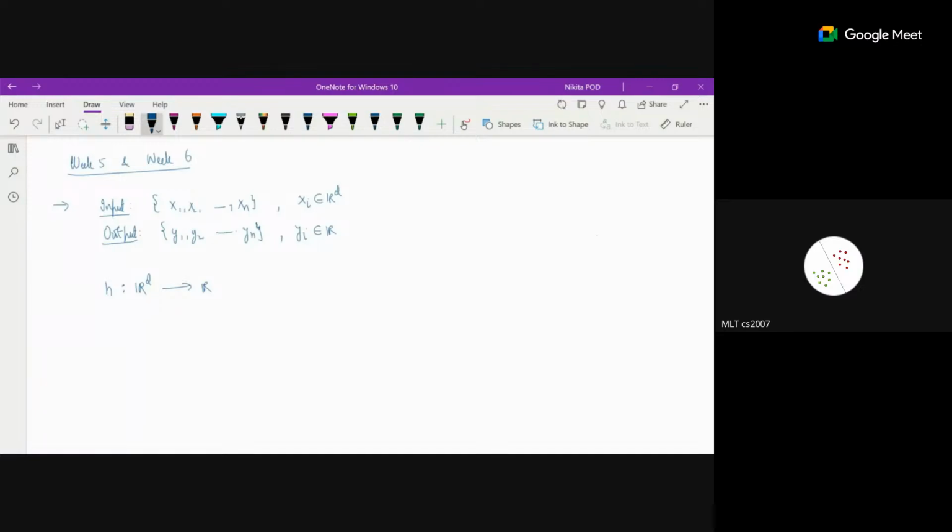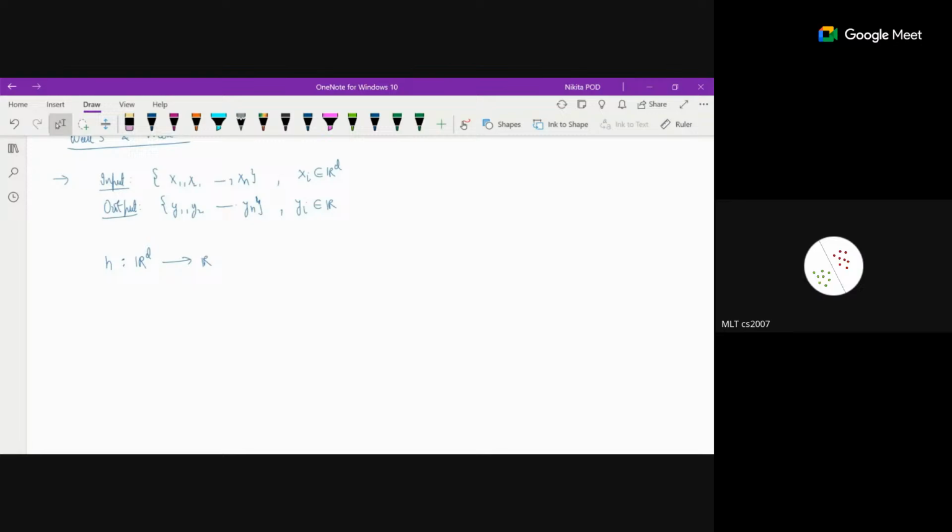So basically we want to learn this function, and once we learn this function, we also want to check how good it is.